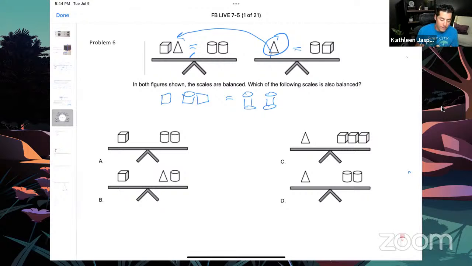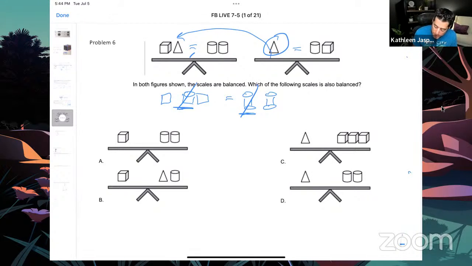Do you see how I have something that is the same on both sides? If I have 1 cylinder here and 1 cylinder here, then they cancel each other out, right? Doesn't that make sense? If I were to pick up these objects off of this scale, would it go either way? No, because they both equal the same amount. They're the same exact thing.